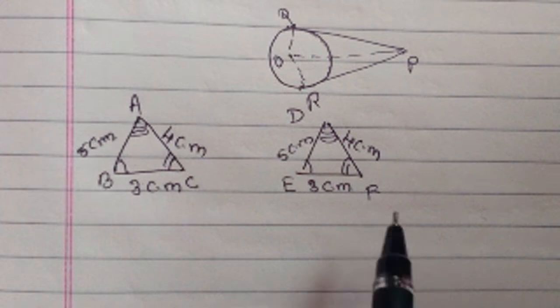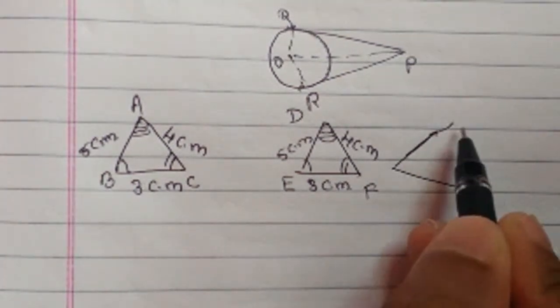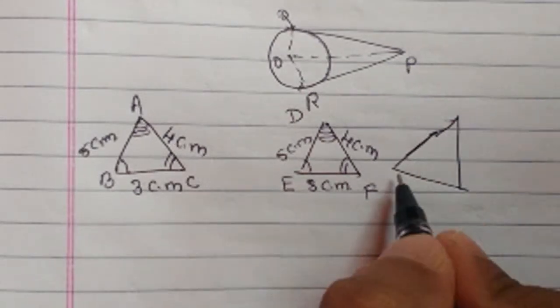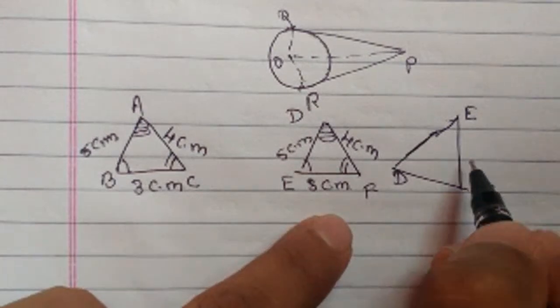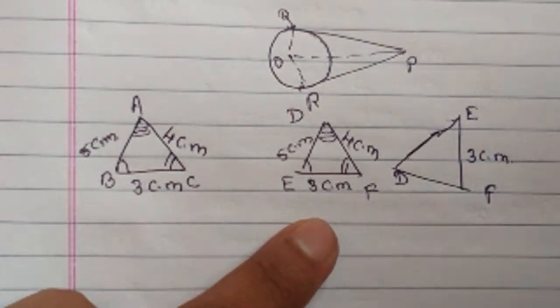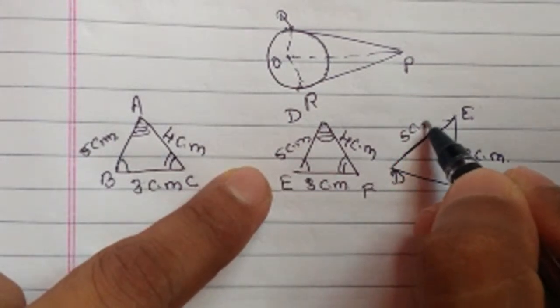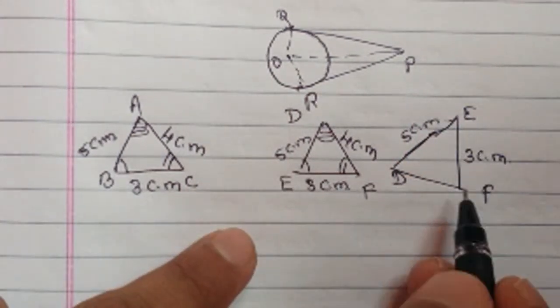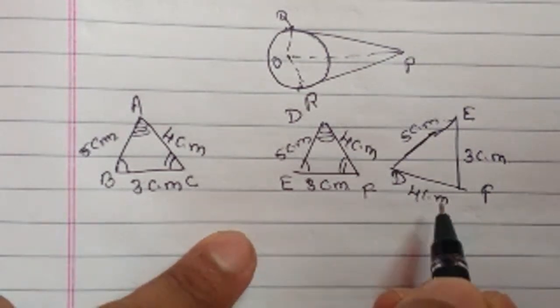Or we can change the direction. I will consider the same triangle DEF, and EF is 3 centimeter, DE is 5 centimeter, and DF is 4 centimeter.